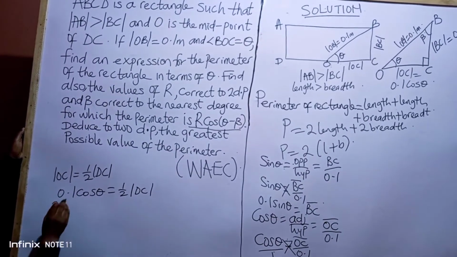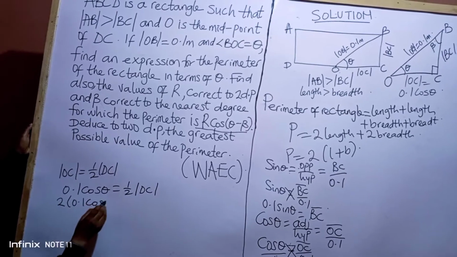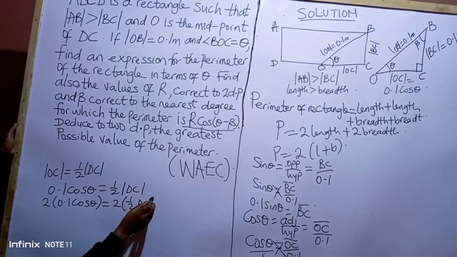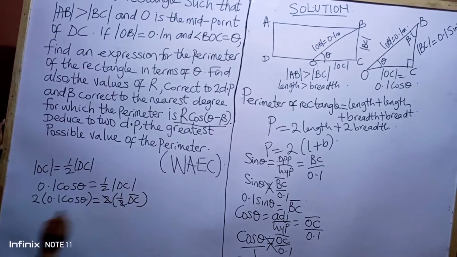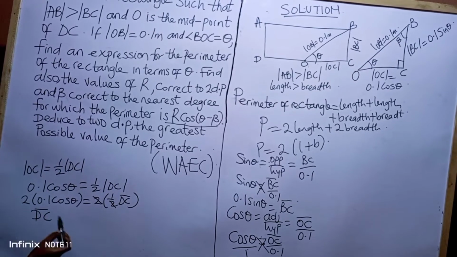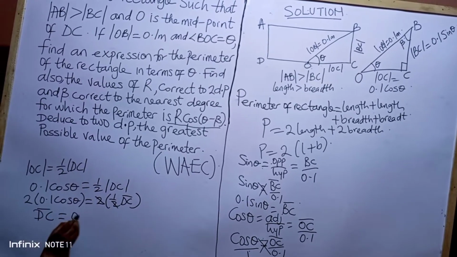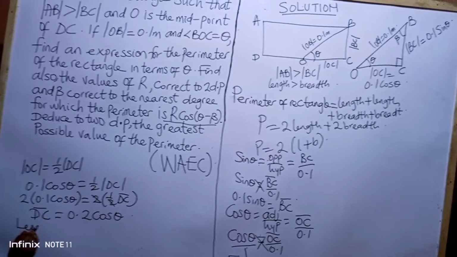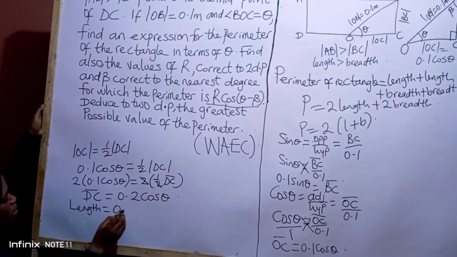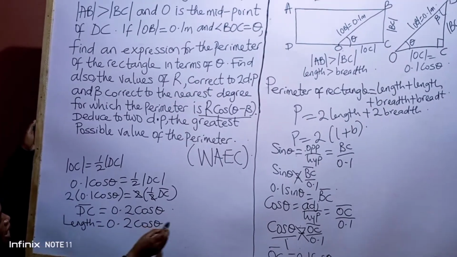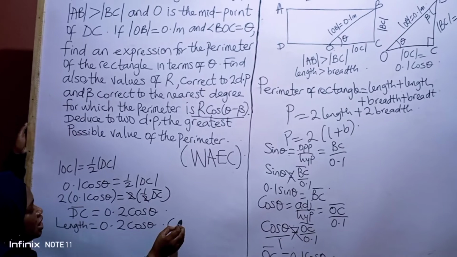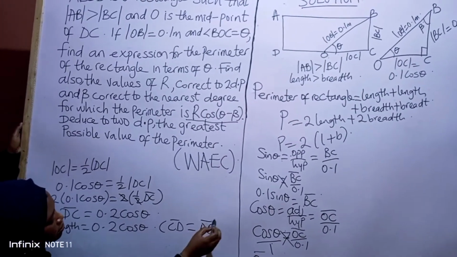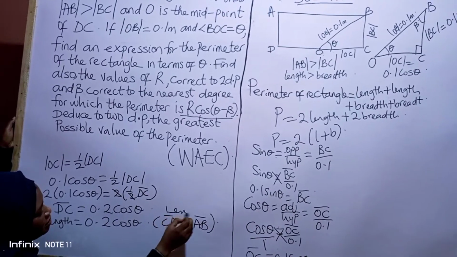This gives 2 multiplied by 0.1 cos theta equals 2 multiplied by 1 over 2 DC. So 2 cancels 2, and line DC or CD is equal to 0.2 cos theta. That means the length is equal to 0.2 cos theta, since CD or DC is the same thing as AB.